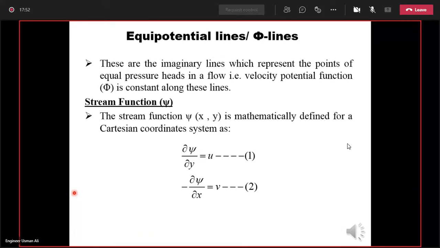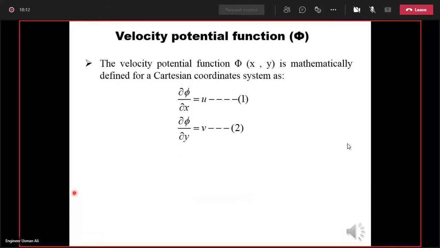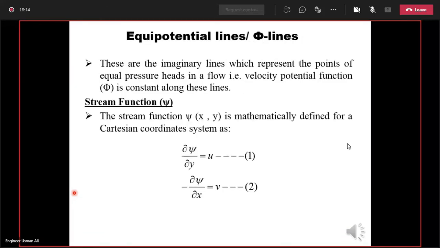Next, we have to define what a stream function is and what a velocity potential function is. The stream function is represented by the letter psi. The stream function psi, which has coordinates x and y, is mathematically defined for a Cartesian xy coordinate system, a two-dimensional coordinate system, as follows.